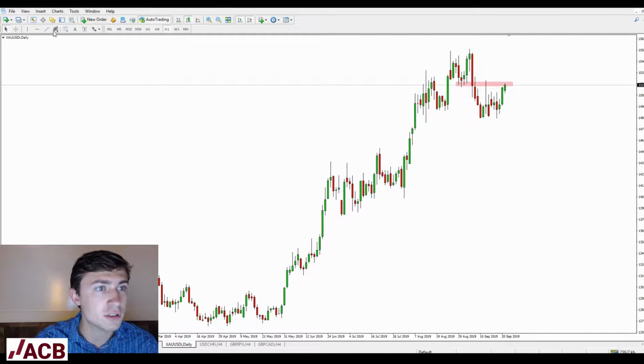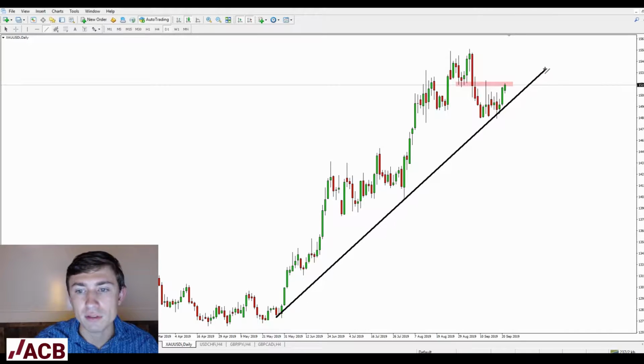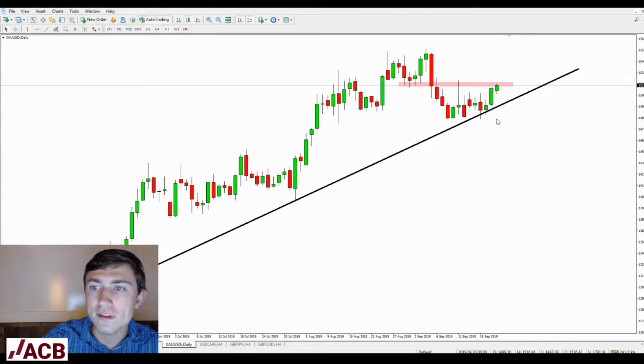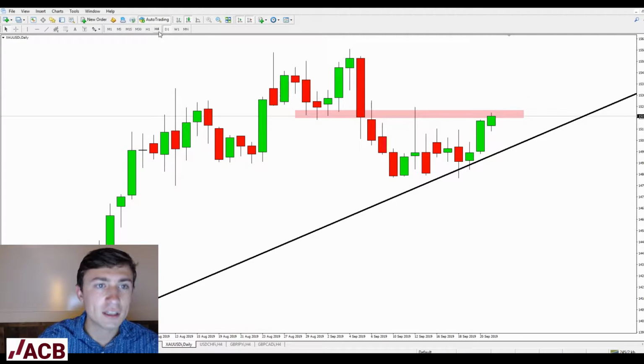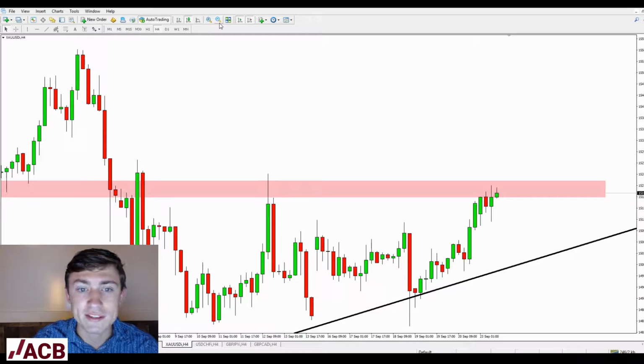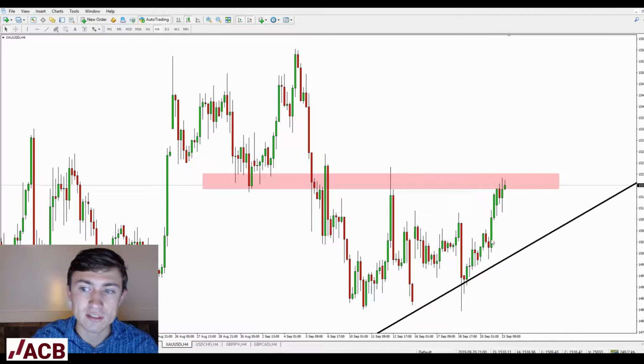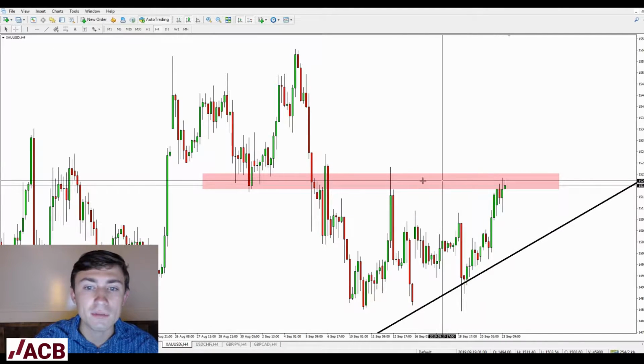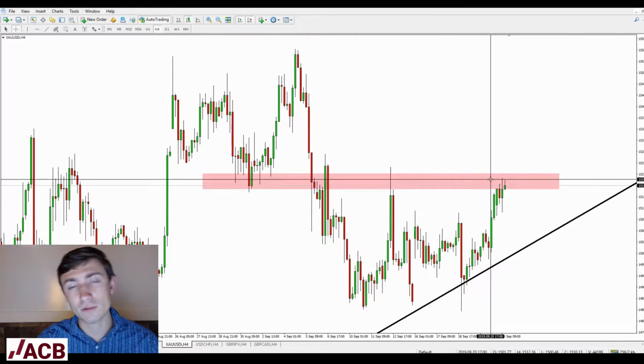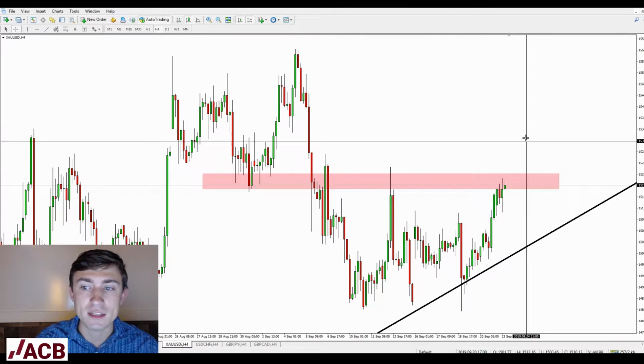Because if we look long term, right, and we draw this trend line that we've looked at multiple times here on market updates, you can see that price did hold this level very, very nicely as we called it out. However, when we look at the 4-hour chart, we do have some structural resistance that we need to break through if this uptrend is going to continue. So if you're a bull, if you're looking to get long on gold, you might want to wait for some sort of structural break of this zone here, or look for some sort of confirmation that there's a good chance momentum will continue.